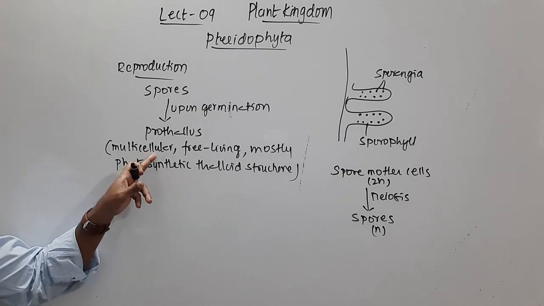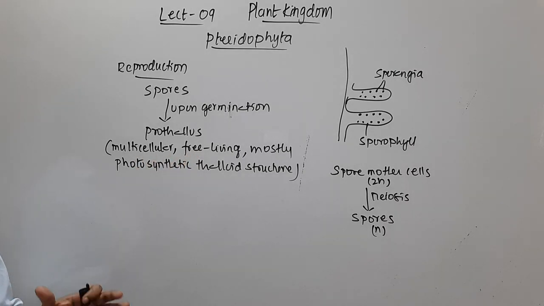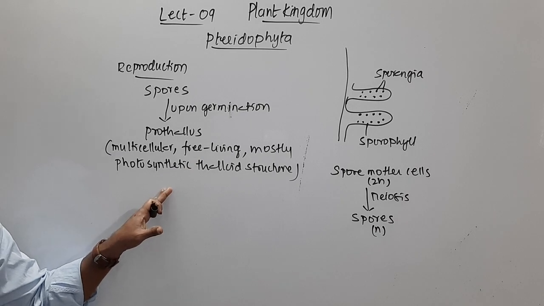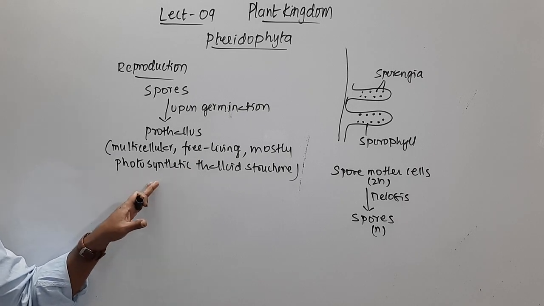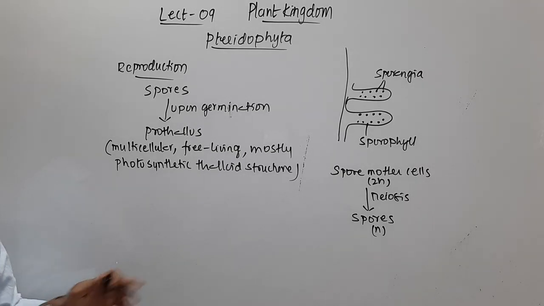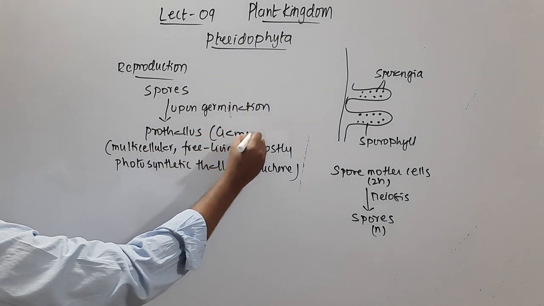So it's multicellular, free living, doesn't depend on the sporophyte, and mostly it is a photosynthetic thalloid structure, and its body is a thallus. This prothallus is the gametophyte.